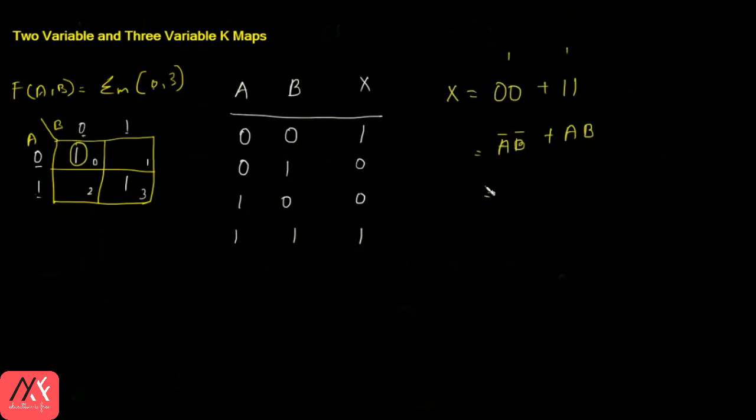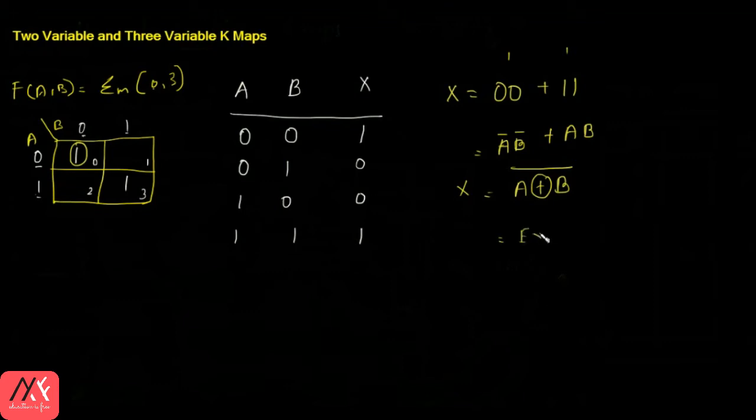Now you can see that this expression is very similar to a very famous logic gate, right? This expression is nothing but the expression of an exclusive NOR logic gate, right? Exclusive NOR, so you can see A XOR B whole bar. If it is A XOR B, it is XOR.